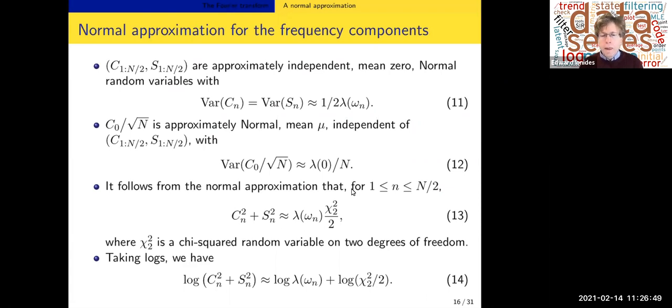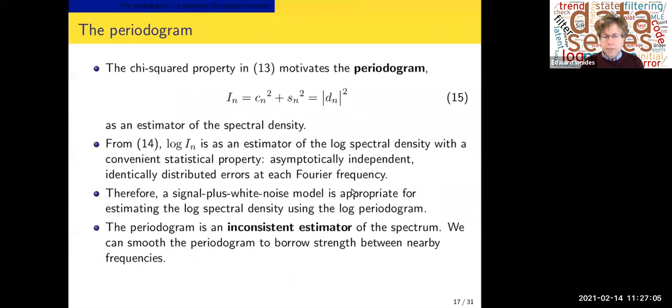So there are multiple reasons for calculating the log spectrum rather than the raw spectrum. And the statistical reason is given by this equation 14, that it gives you a nice additive noise model. And that leads us to the periodogram, which we will discuss in the next section.